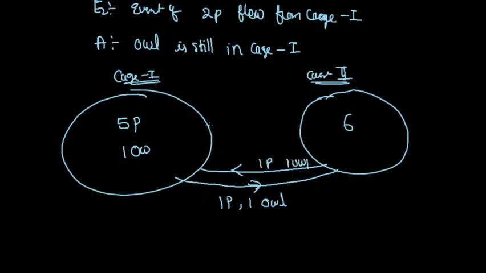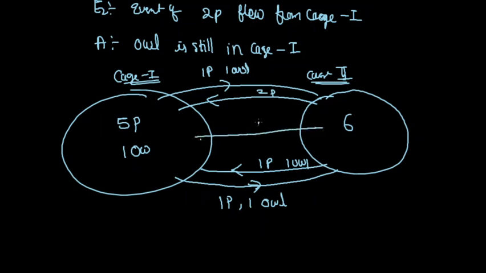In the same way, one parrot and one owl flew from cage 1 to cage 2, and from cage 2 only 2 parrots came back, but not the owl. One more case is 2 parrots went and 2 parrots came back from cage 2. So these are the 3 possible cases we have.